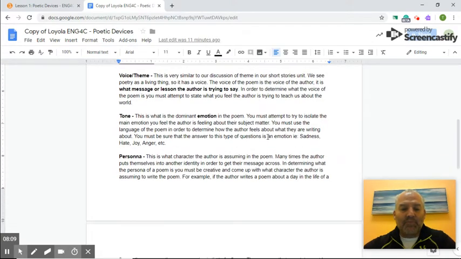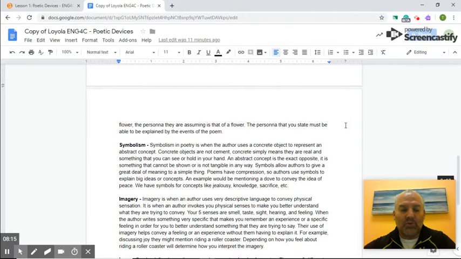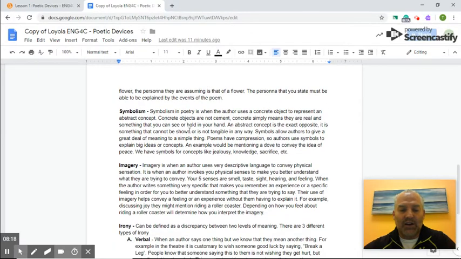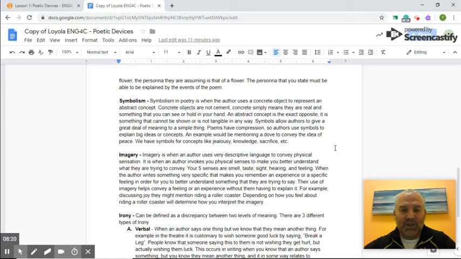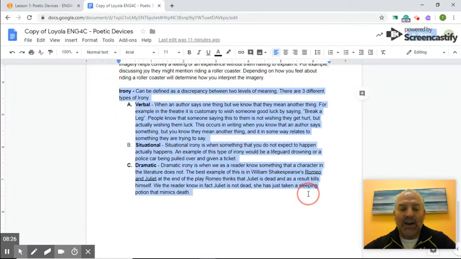So the poetic devices, I've given them to you here. I've gone through in pretty in-depth detail and given you some examples of what they mean. Irony, of the 6, is the only one that is not in every poem. Some poems have it and some poems don't. I wanted you to take a look at it, because if you can find it in a poem, that's great.